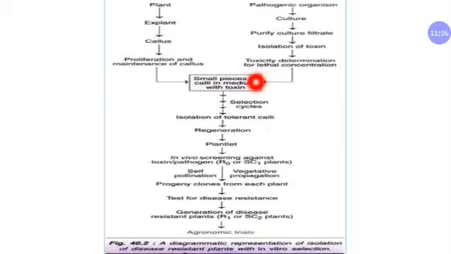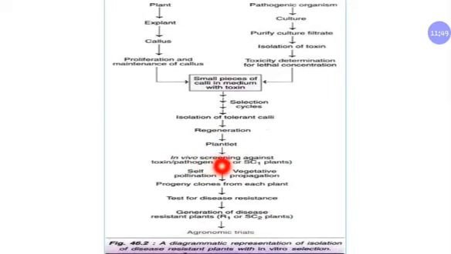Toxicity determination is done for lethal concentration, and this callus as well as the isolated toxin is introduced into the same medium. Several selection cycles occur and the tolerant calli are isolated from this and undergo regeneration into a plantlet.